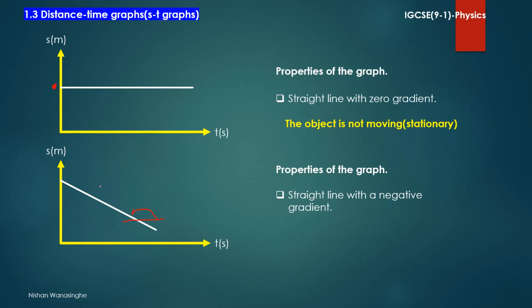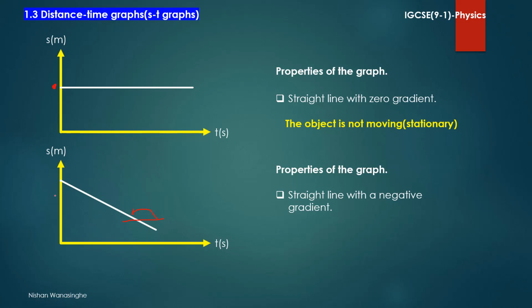If the graph line makes an obtuse angle with the horizontal axis, we call it a negative gradient. That's how you check that. If the graph line is making an acute angle, we call it a positive gradient. So that is the way to check whether the graph line is positive or negative. Acute angle means positive, obtuse angle means negative.